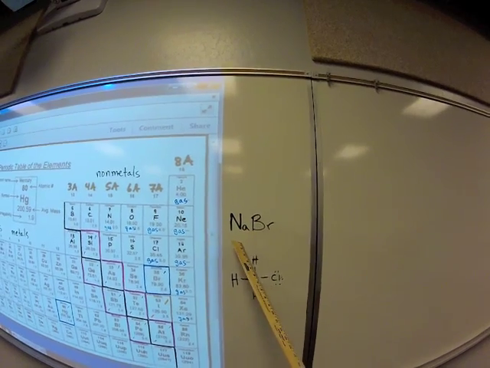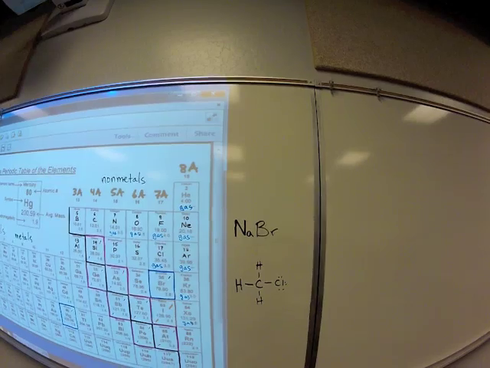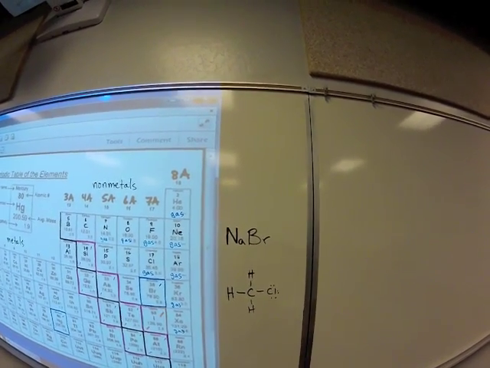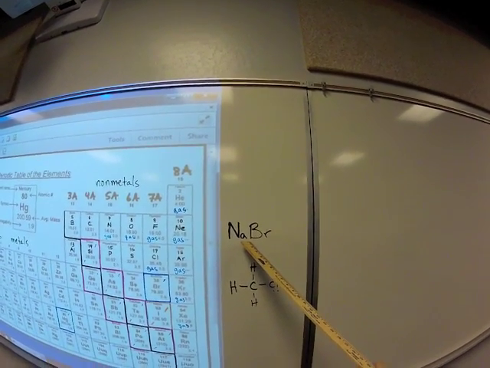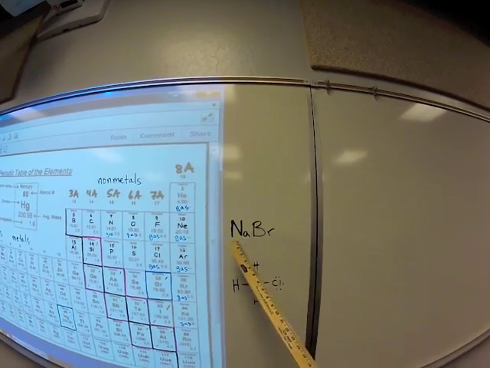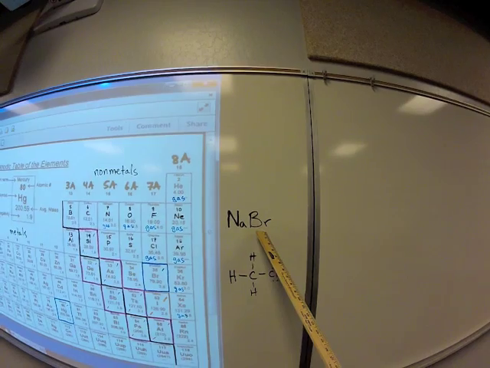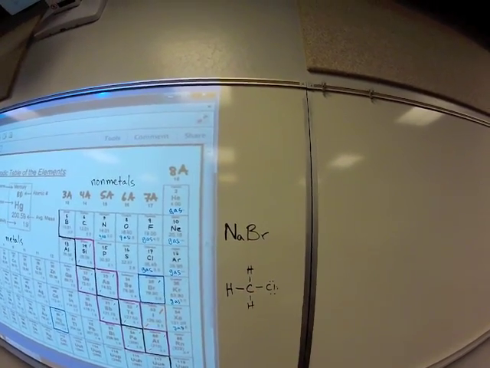That's because two different atoms have been combined to form a compound, and those two elements have dramatically different attraction for electrons when they are sharing those electrons with another atom. So when sodium bonds with Br, the two electrons that exist between these two atoms are not shared equally.